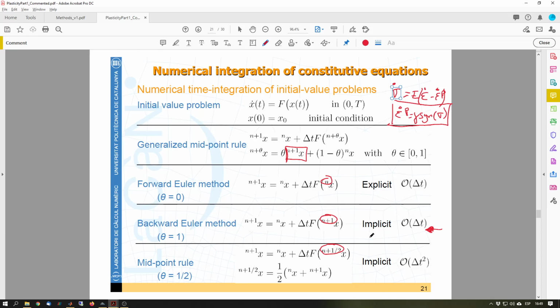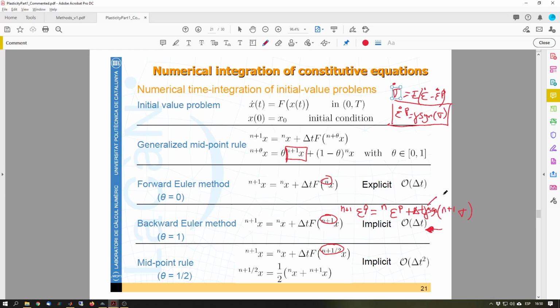So how does this apply to our systems? It means that our epsilon at n plus 1, the plastic part, is going to be epsilon at n, the plastic part. We keep the n's at the top left and the n plus 1's as well, with the p's at the top right. According to that scheme, this must be equal to delta t times gamma at n plus 1, and the sign of sigma at n plus 1.